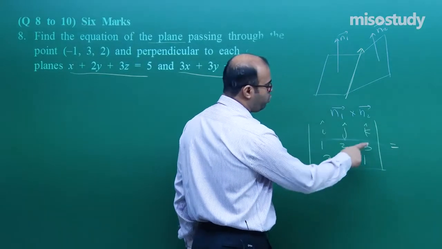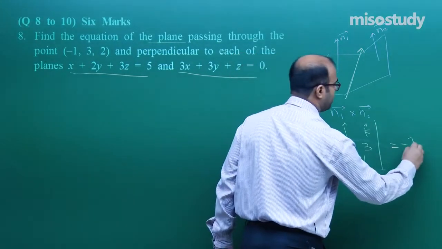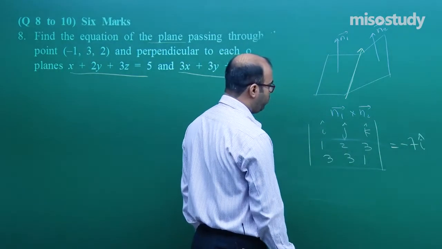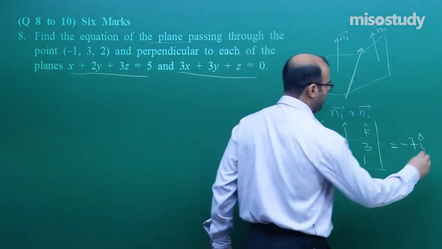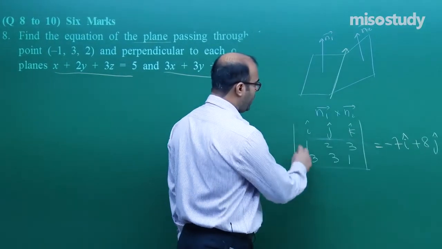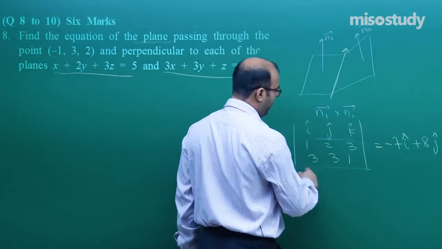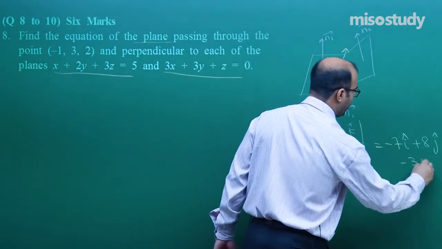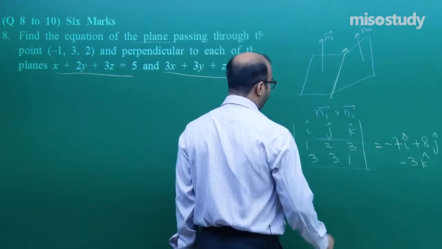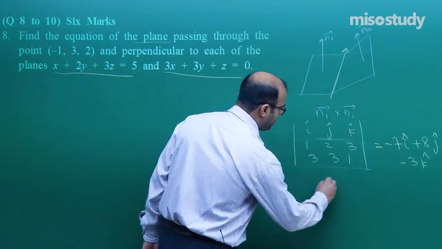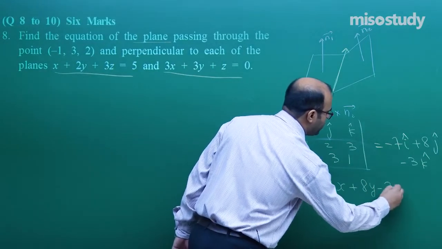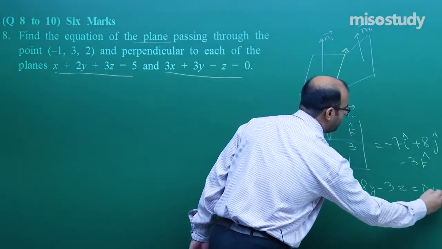So this will become (2 minus 9), that is minus 7 i cap, and for j cap, (1 minus 9), minus 8, so it will become plus 8 j cap, and for k cap, 3 minus 6, so minus 3 k cap. So this is n1 cross n2. Now we write the equation as minus 7x plus 8y minus 3z is equal to D.